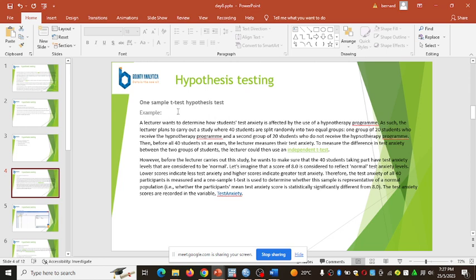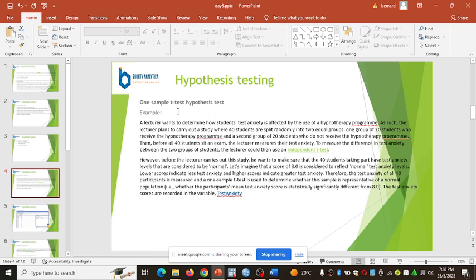So therefore, the test anxiety of all 40 participants is measured, and a one sample t-test is used to determine whether this sample is representative of a normal population, whether the participant mean test anxiety score is statistically significantly different from 8.